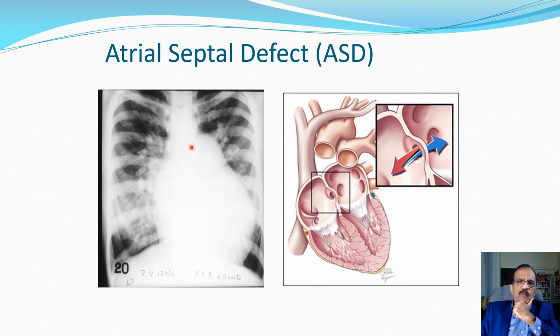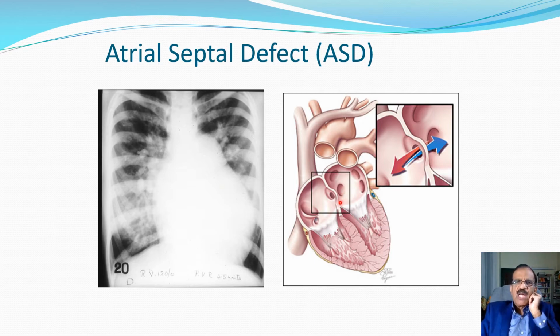You must also appreciate this prominent pulmonary conus, which is due to pulmonary hypertension. You may also appreciate this increased shadowing in the lungs, which may be due to increased pulmonary circulation, which is the feature of this disease. This is a patient, I think, with advanced pulmonary hypertension as a result of atrial septal defect.